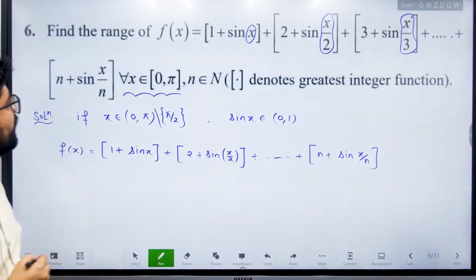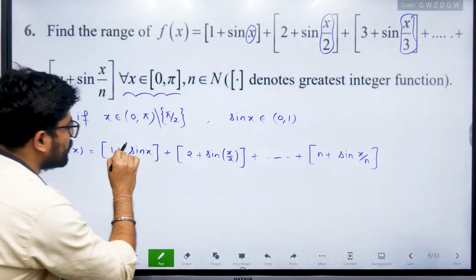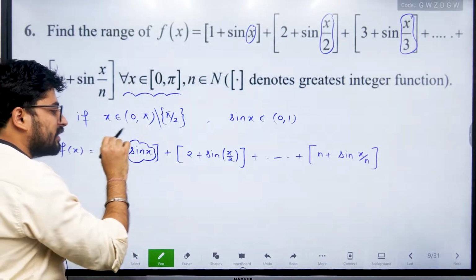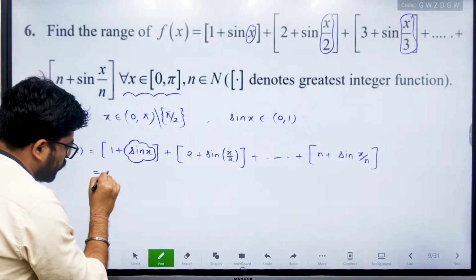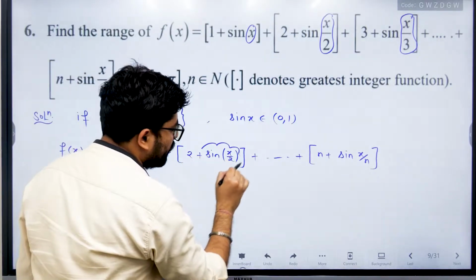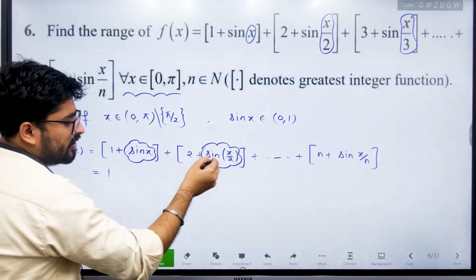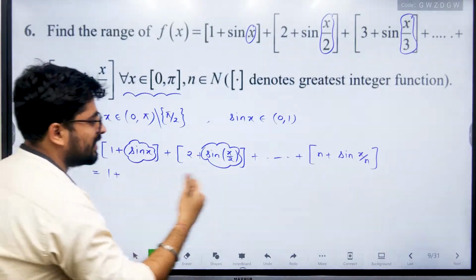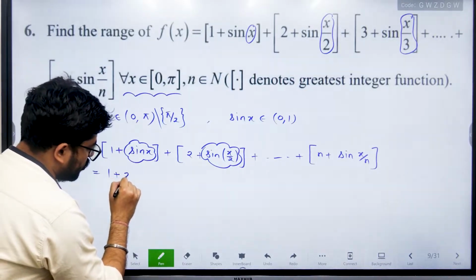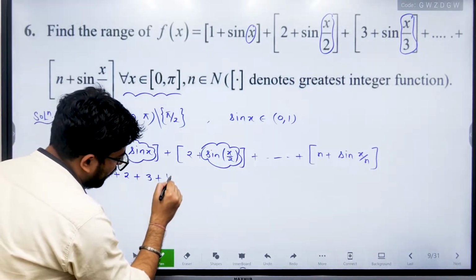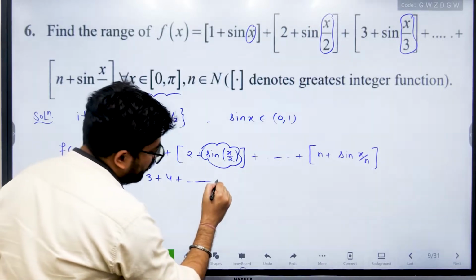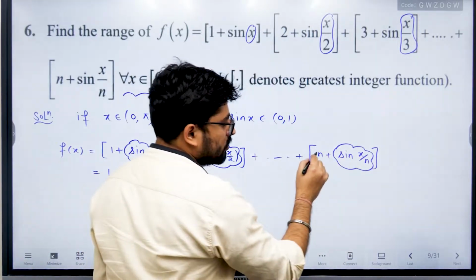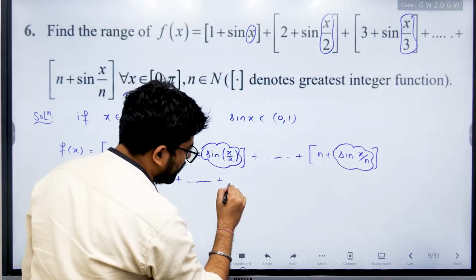Now we know this value is smaller than 1, so the whole thing is smaller than 2, so the greatest integer is 1. Then 2 plus something smaller than 1 is smaller than 3, so the greatest integer is 2. Similarly, the last term is smaller than n plus 1, so the greatest integer is n.